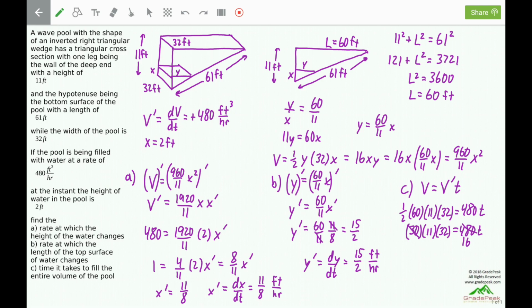And then we can divide both sides by 16 to reduce it a little further. So we have 11 times 32 equals 16t. And 32 is divisible by 16, so these can cancel down to a 2. And therefore the time is 11 times 2, or 22 in time units in this problem, hours.